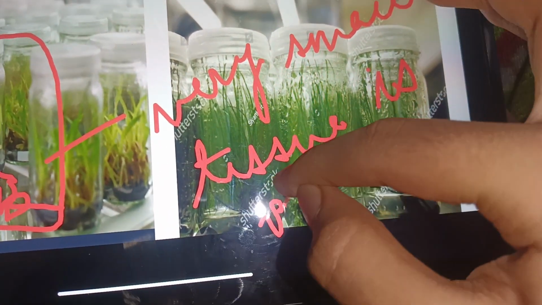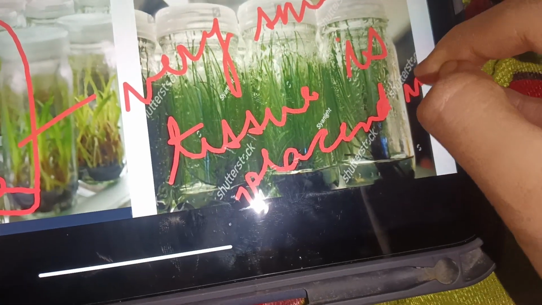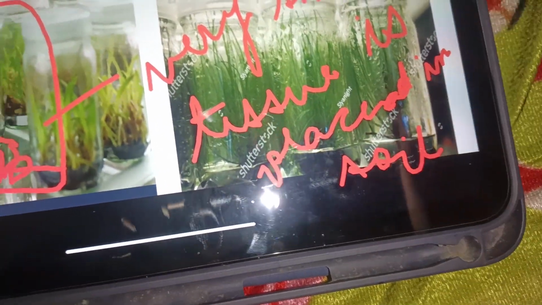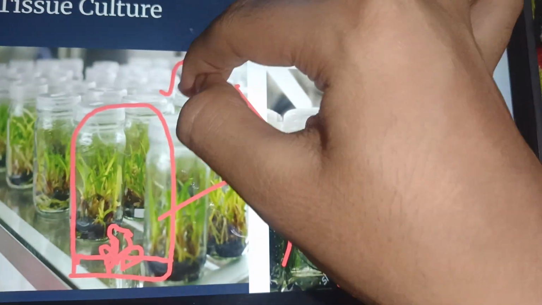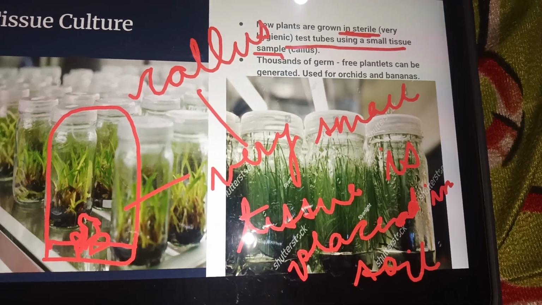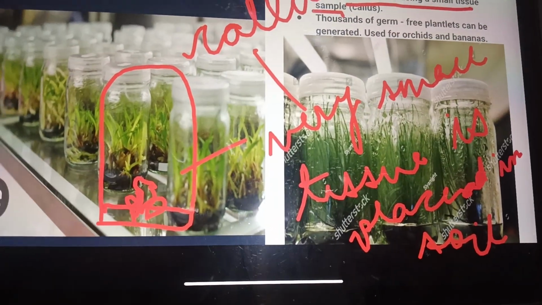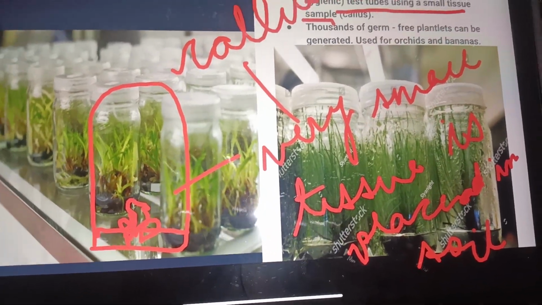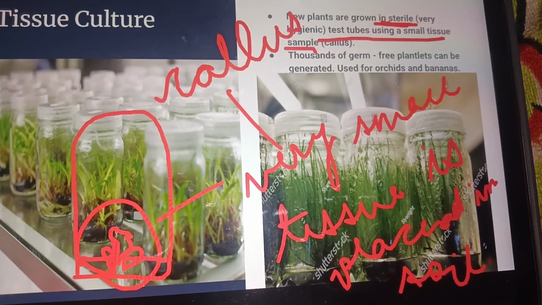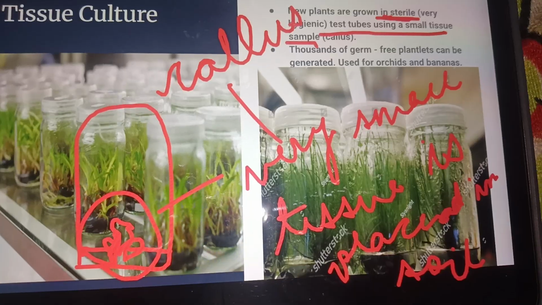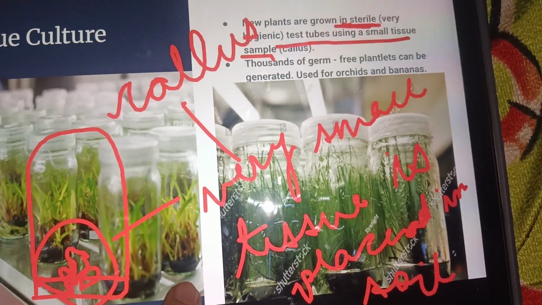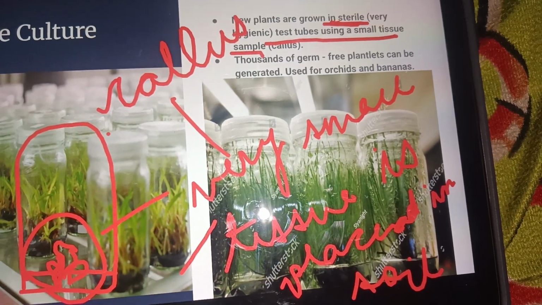This is known as callus. Means a very small tissue. You can see this very small tissue is grown in a very hygienic test tube, and then in the nursery you can see this one. So the very small tissue is known as callus.